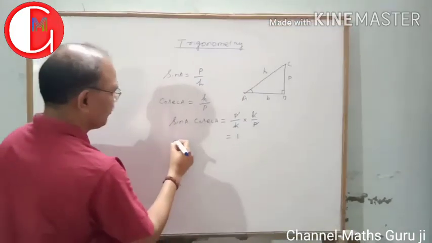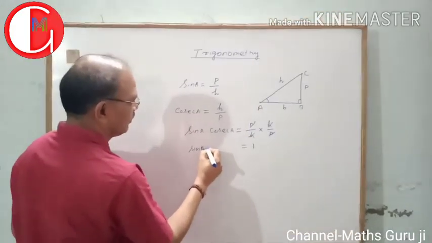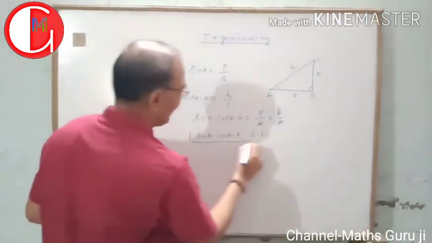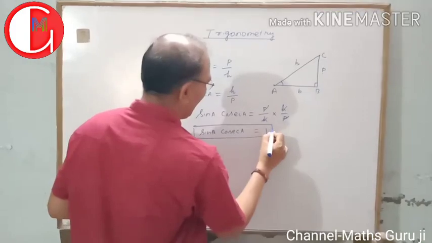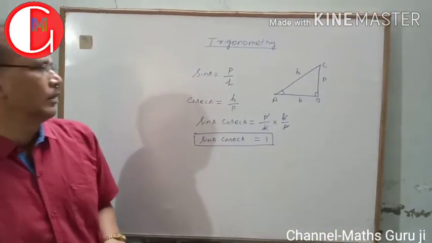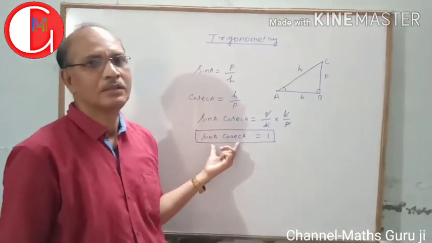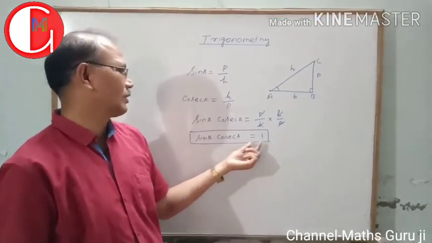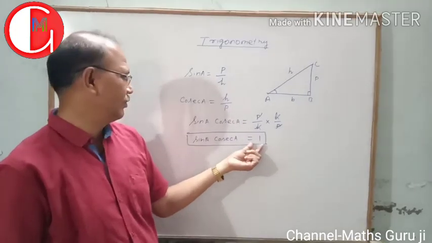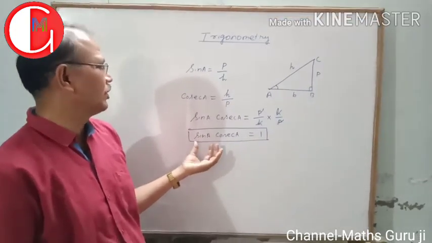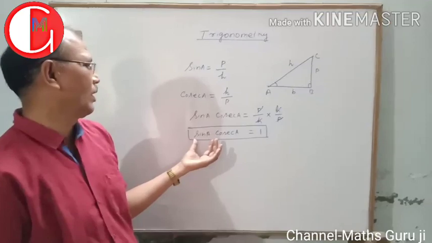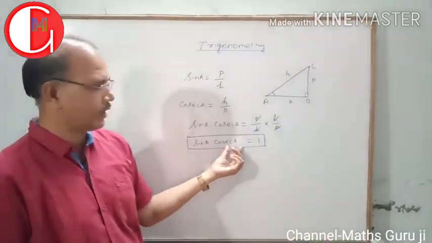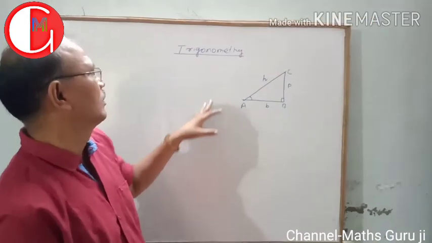So this is the relation between sin A and cosec A. This is the formula. Question may be asked, what is the relation between sin A into cosec A? So your answer is 1, gives unity. So this is the first formula. What is the relationship between sin A into cosec A? Your answer will be 1.